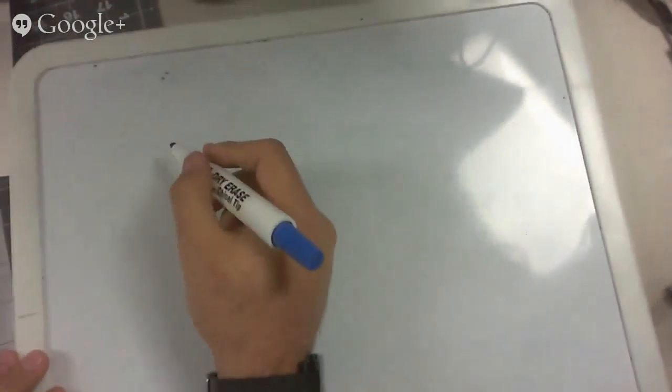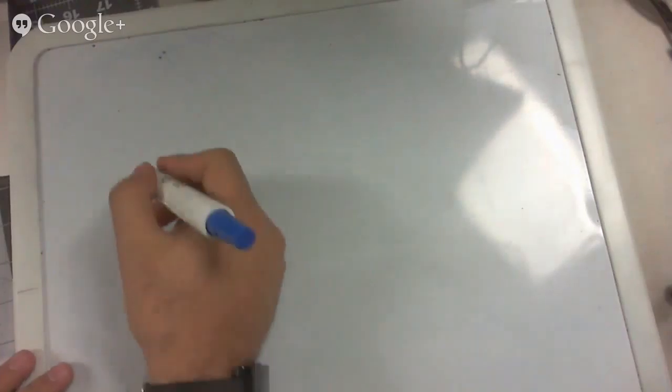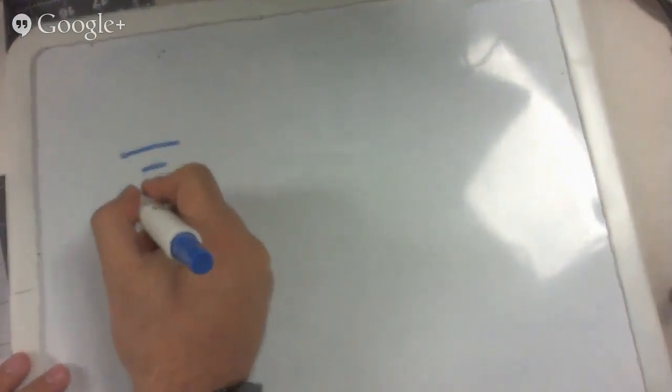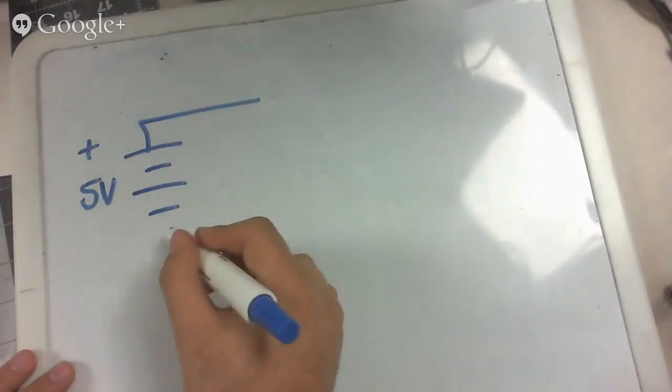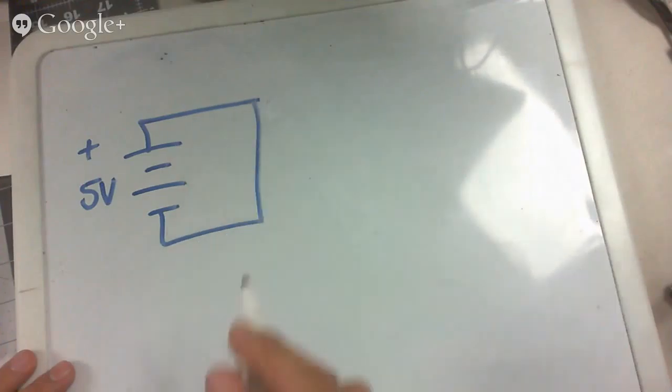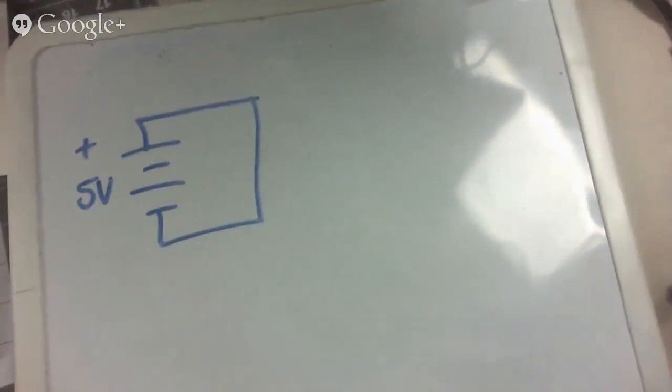So resistance. Resistance is simply the property of a material or a device to resist the flow of current. So remember, if I made my battery here and I just connected the wires, I'd get a short circuit.